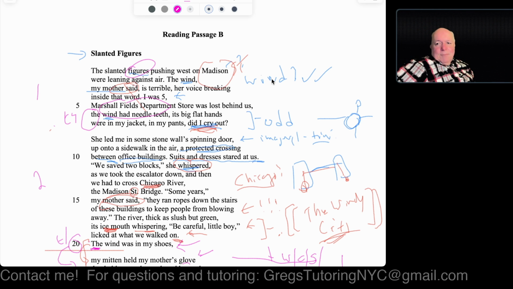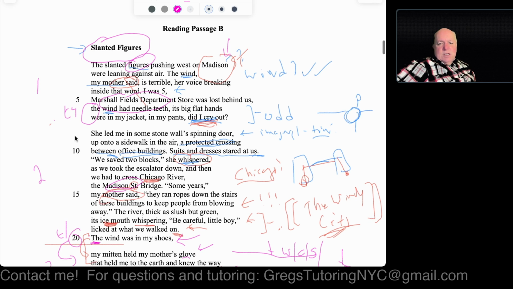That's not the figure it's talking about. And it was windy on Madison Street in the middle of Chicago is really what they're talking about. So that's where it's coming from. And if we think about that as a theme, yeah, it was cold and windy, and they're spending the whole time trying to get home through this journey. And the slanted figures, if you will, represent that whole situation.